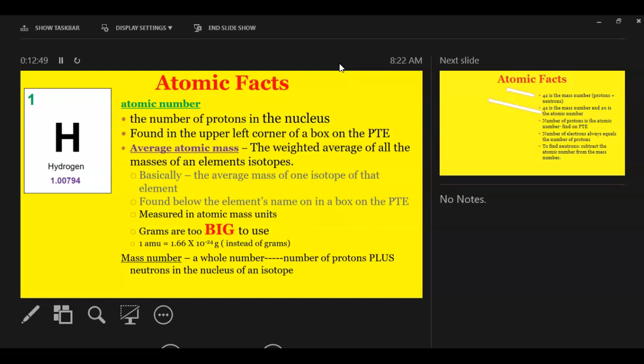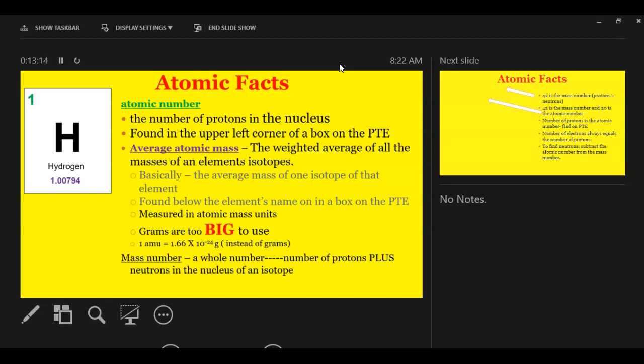Okay, so this guy right here, anybody remember what his name is? Should be on your periodic table. That is the atomic number. And my atomic number tells me what? Does anybody remember?